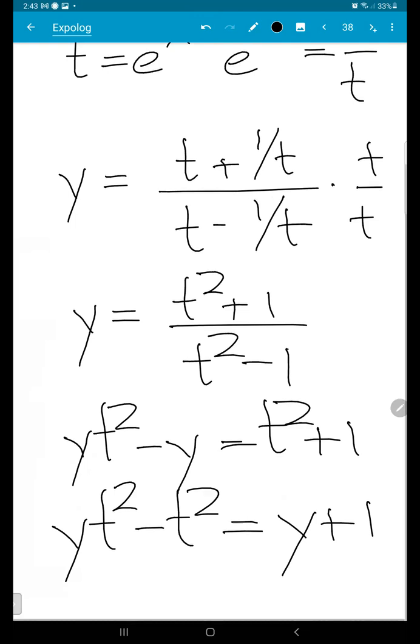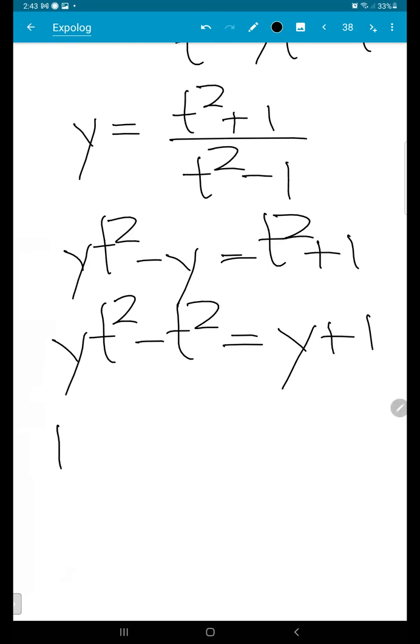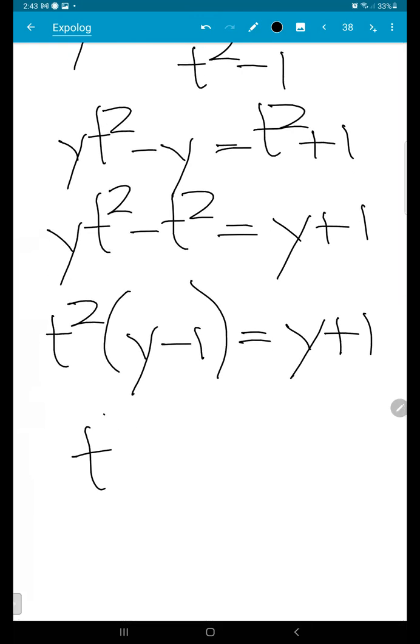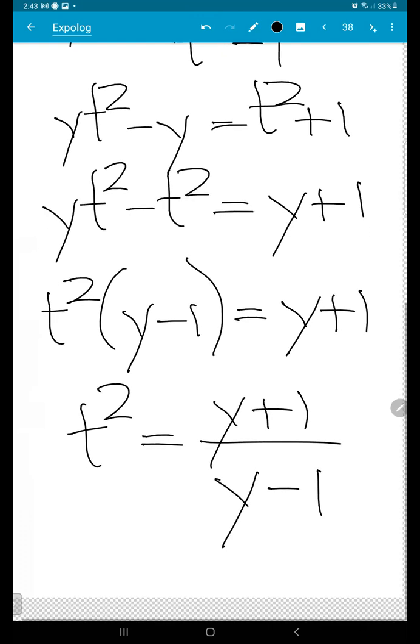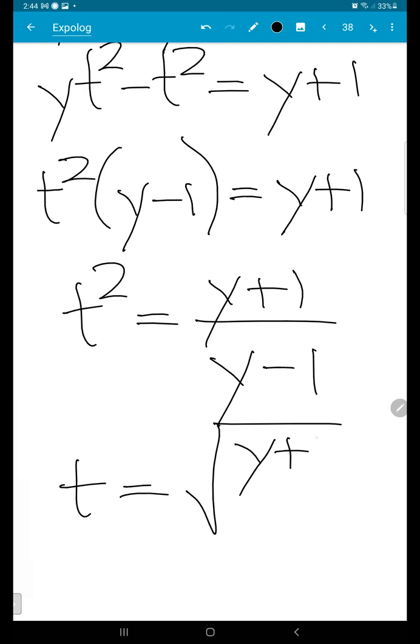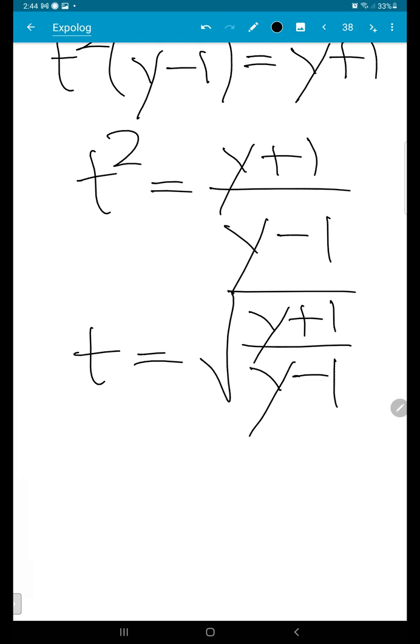And then factor out the t squared there. And you see now that you can isolate t. And then you take the square root of both sides. Then revert back to x.